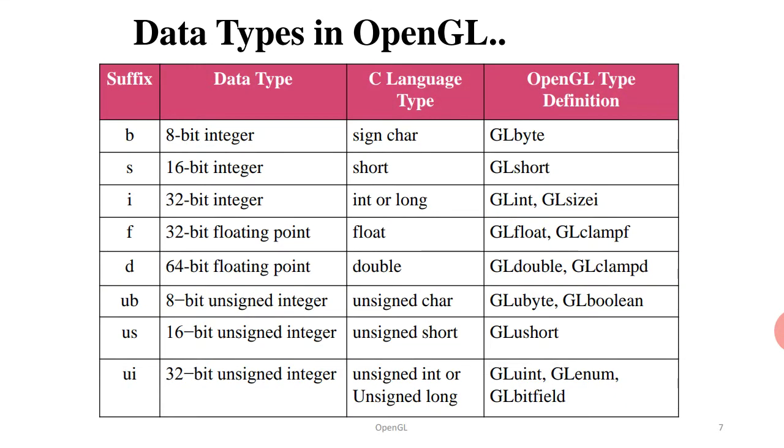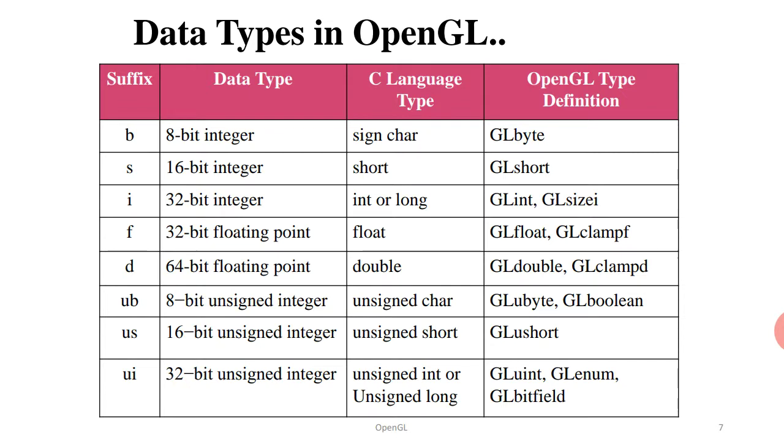Let us see data types in OpenGL. The third column, that is the C language type, is shown, and accordingly you can have the OpenGL type definition. For example, for the float data type in C, the suffix used in OpenGL is f for 32-bit floating point and it is represented by GLfloat.